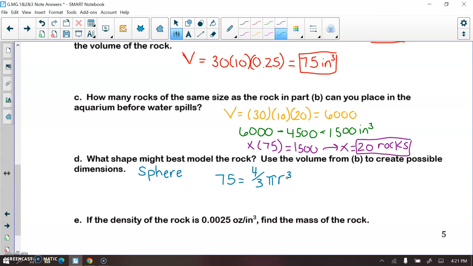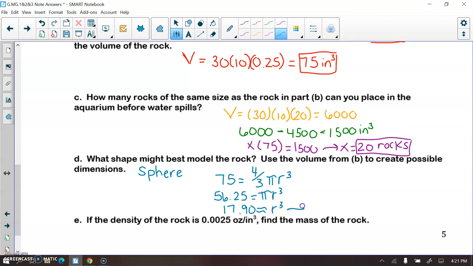So if I do 75 times 3 divided by 4, that's 56.25, and then that's equal to pi r cubed. So now I'm going to divide both sides by pi, and I get 17.90 is approximately equal to r cubed.